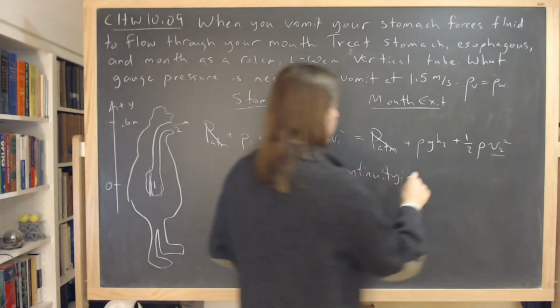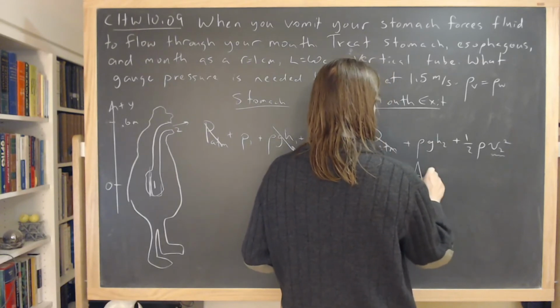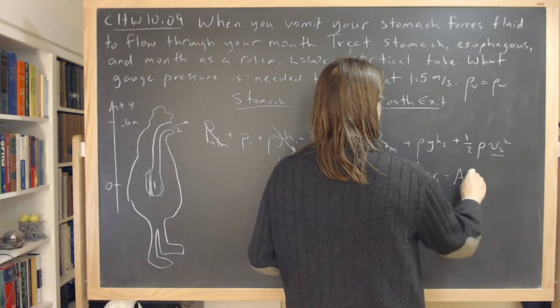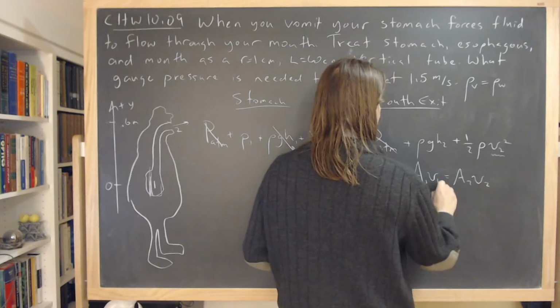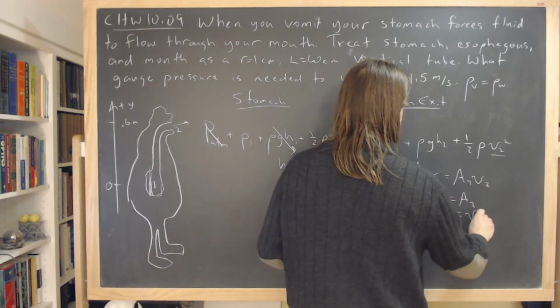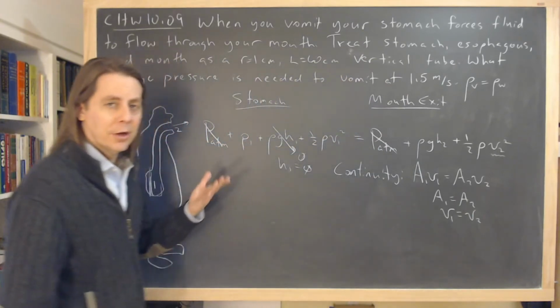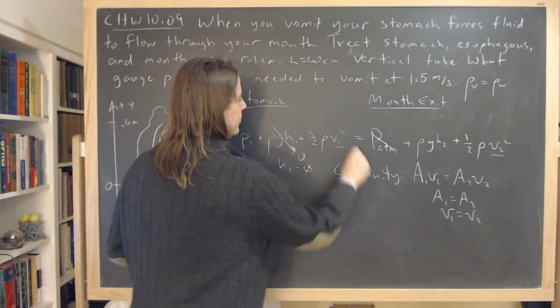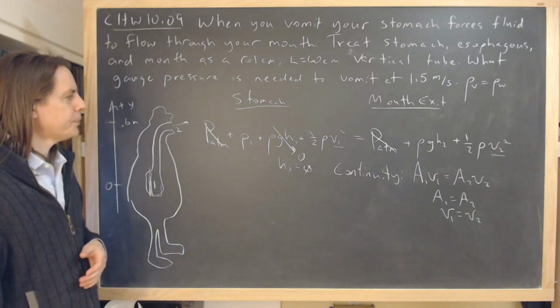So to work it out, you'd say A1 v1 equals A2 v2, but A1 equals A2. So therefore v1 equals v2.